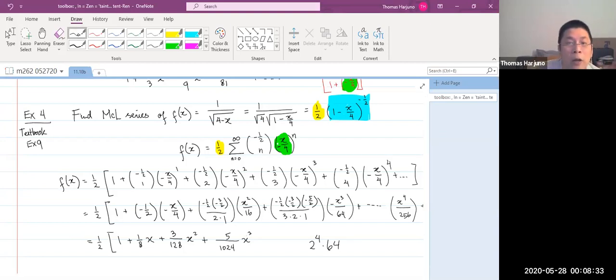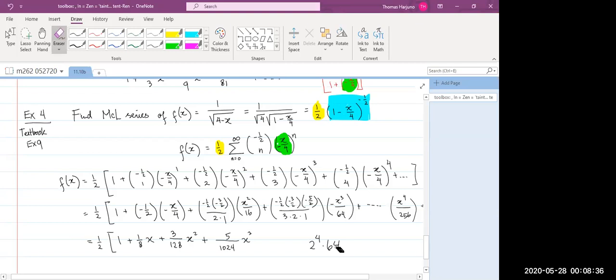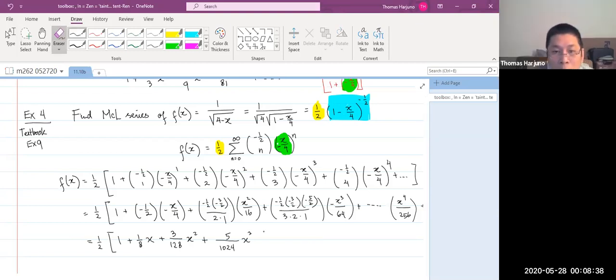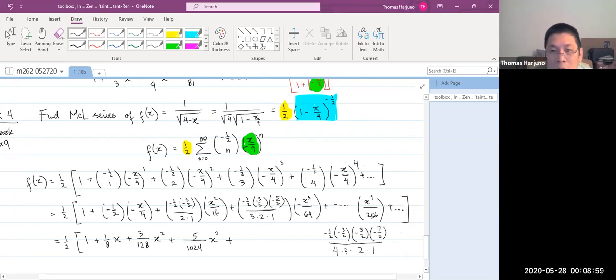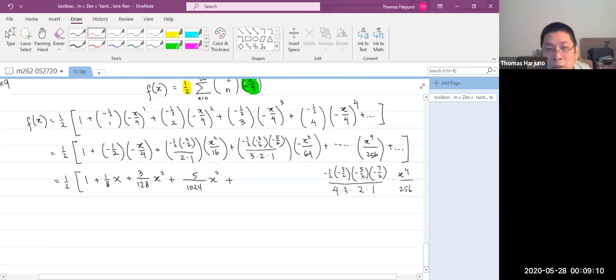And the last one, sorry, I was borrowing this position here. The last one, it will be plus, hold on, that will be negative 1/2 times negative 3/2 times negative 5/2 times negative 7/2 over 4, 3, 2, 1 times x to the 4th over 256. That will still be positive. The 3 cancels.